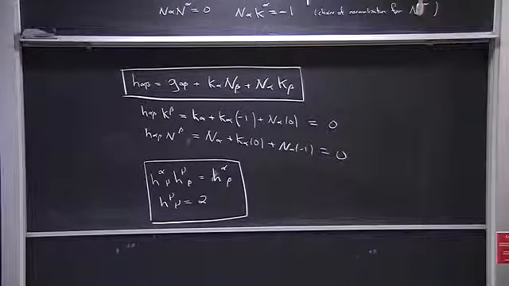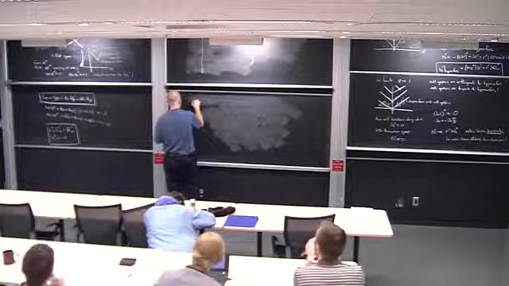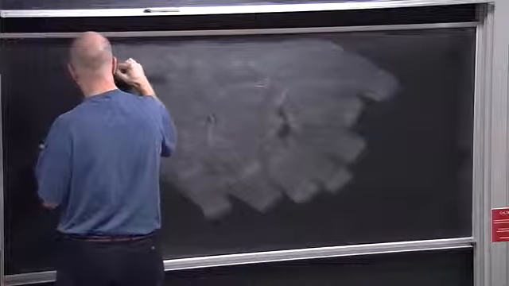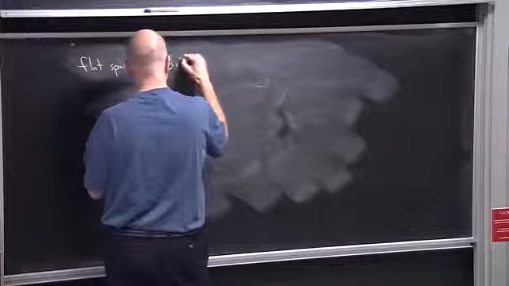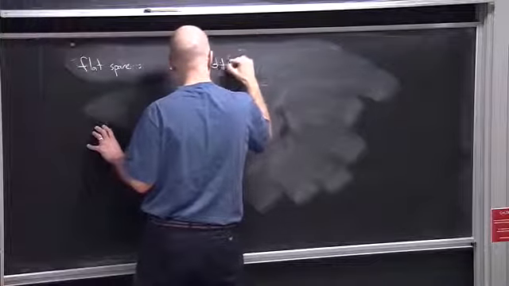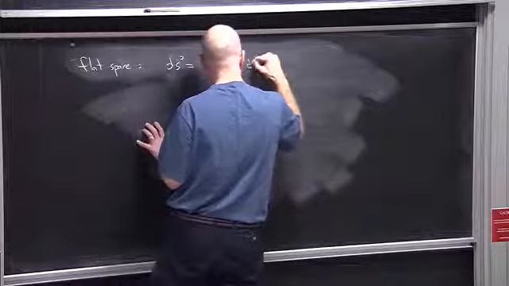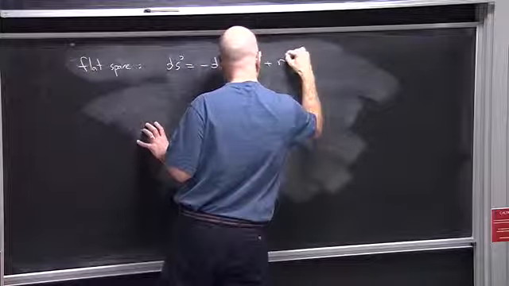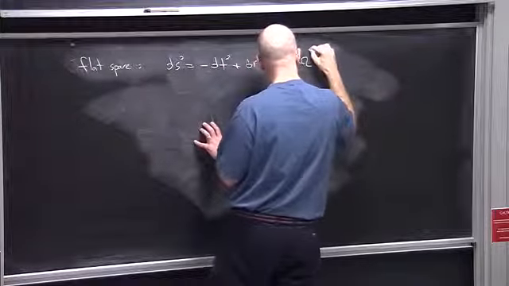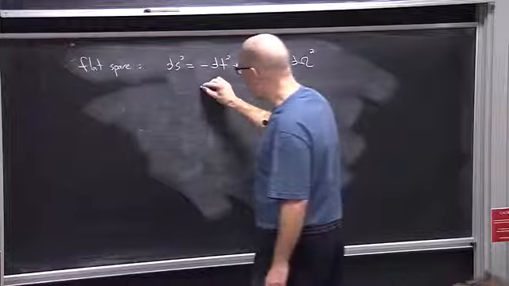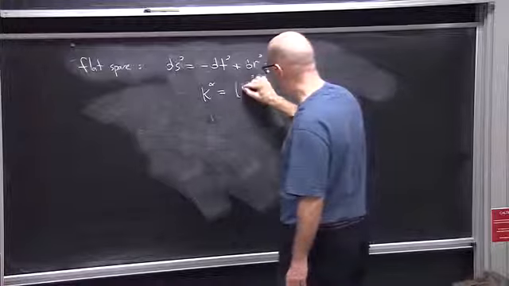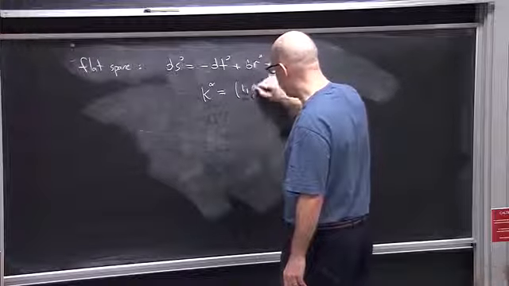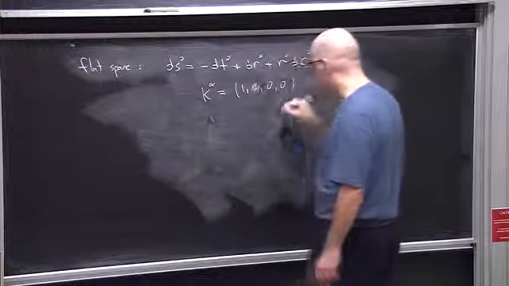So let me motivate that just so that you see where it's coming from. So let's do flat space again. The congruence that we were talking about before in the light-like limit is the one that had this tangent vector field.